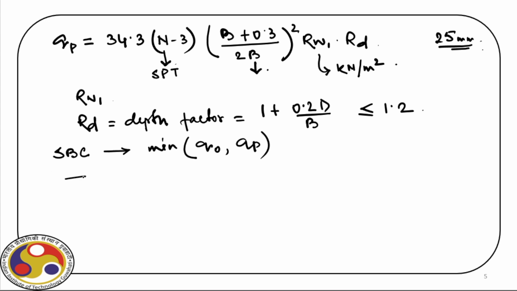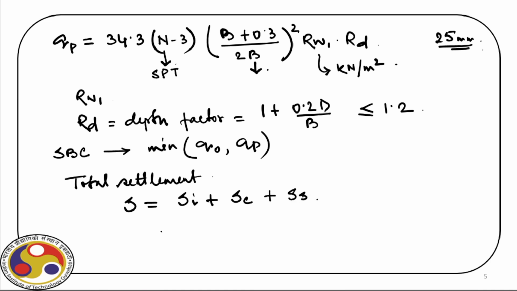Now, total settlement at a particular site is what we call S. It has three components: Si + Sc + Ss. What are they? This is the immediate settlement. As soon as we apply load on the soil, because it is an elastic medium, it is bound to experience some kind of immediate settlement.